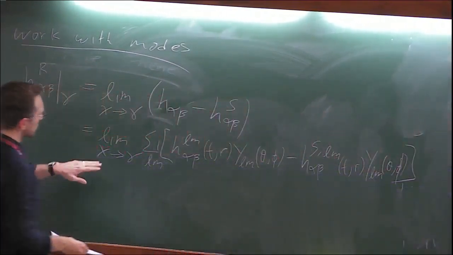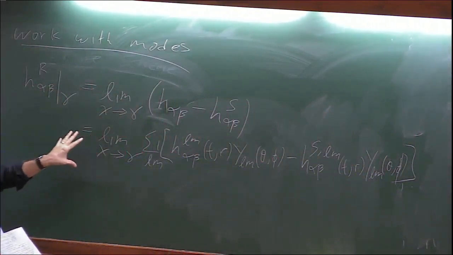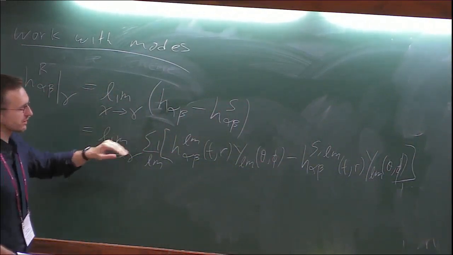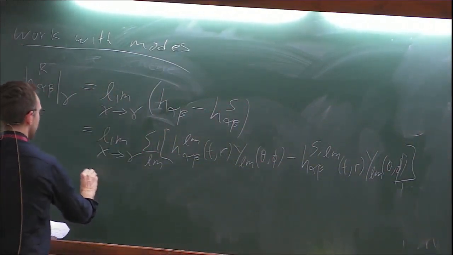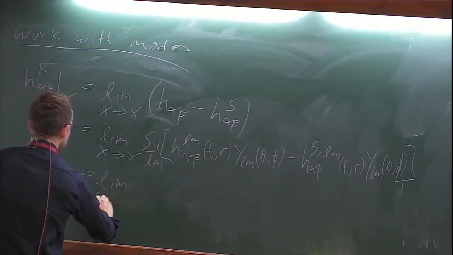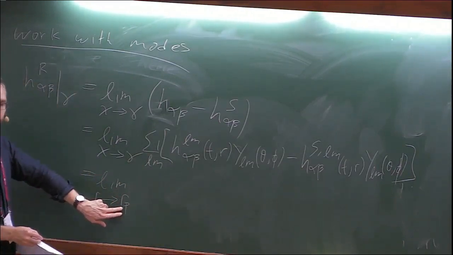Now let's take this limit in the radial direction. So it's independent of which direction you take it in. So let's just pick the radial direction, which means we're now taking r goes to, say, r_p, the position of the particle.